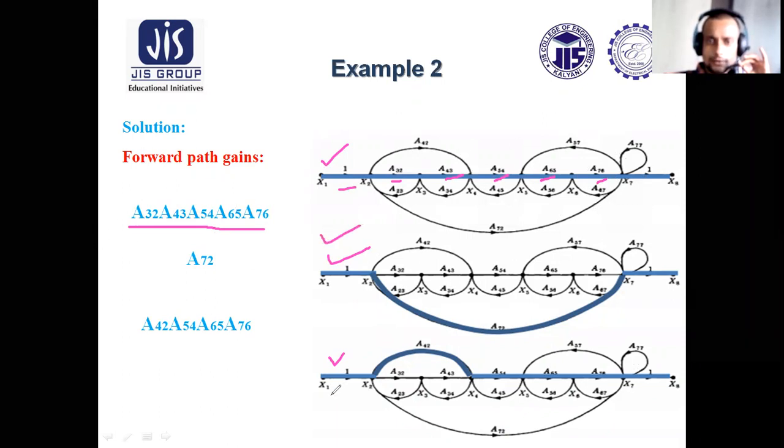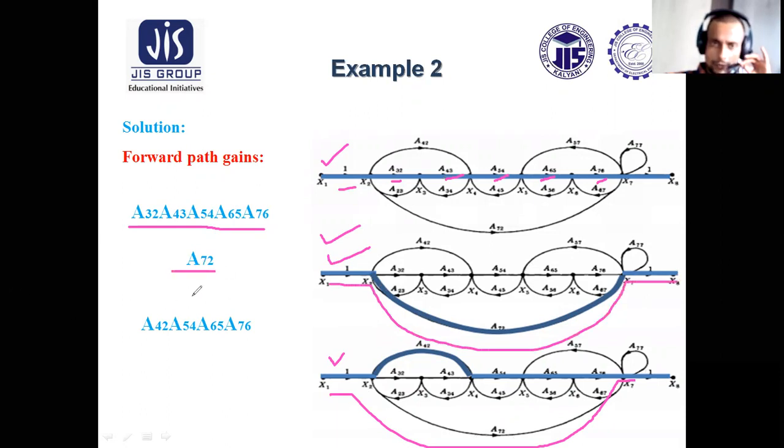For the second, 1 into A72 into 1. So A72 is another forward path gain. And the third forward path gain is 1, A42, A54, A65, A76, 1. So these are the three forward path gains.